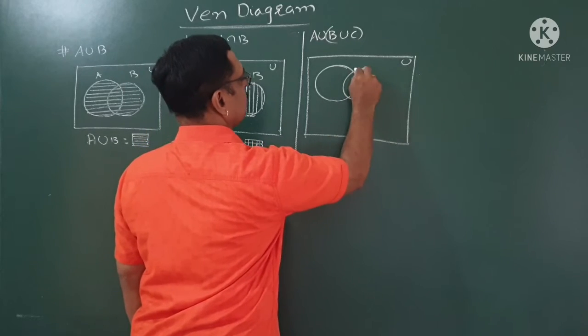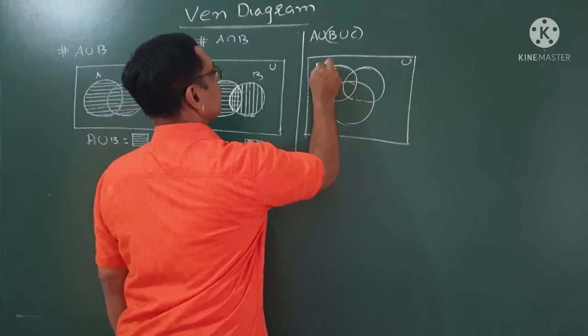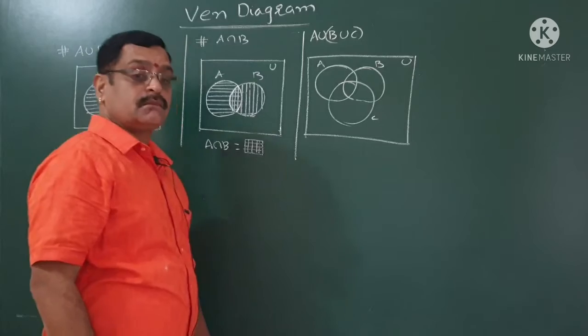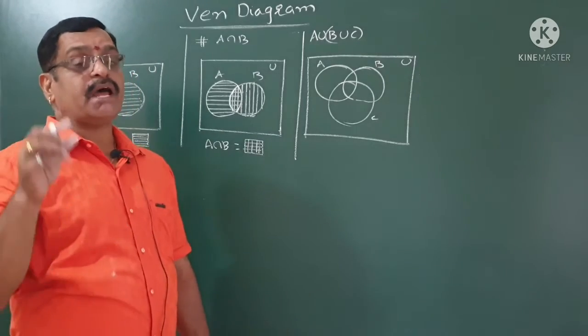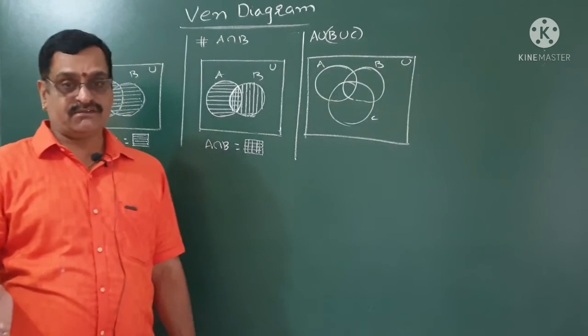This is A, this is B, and this is C. Now, for A union B union C, I need to fill all the sets with the same type of lines.